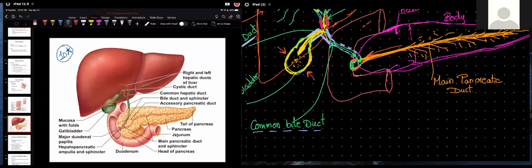We call this region, this enlarged duct that receives secretions from the liver and from the pancreas, my hepatopancreatic ampulla.